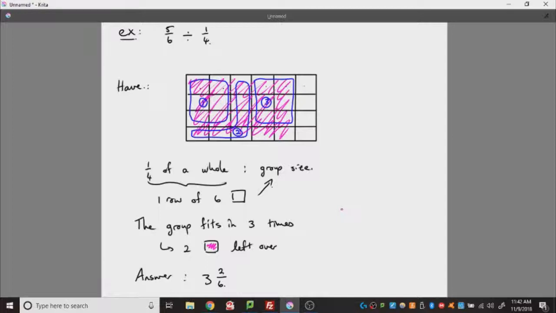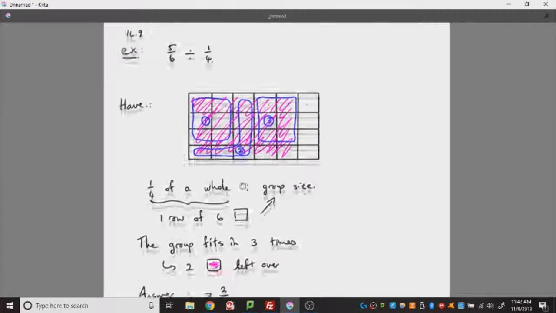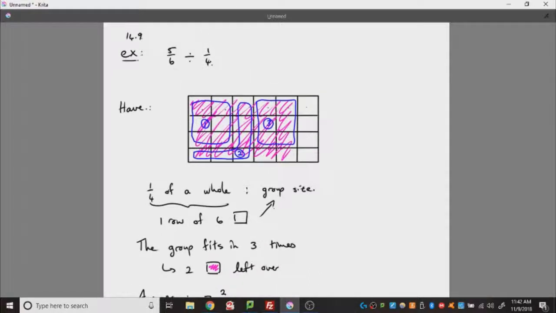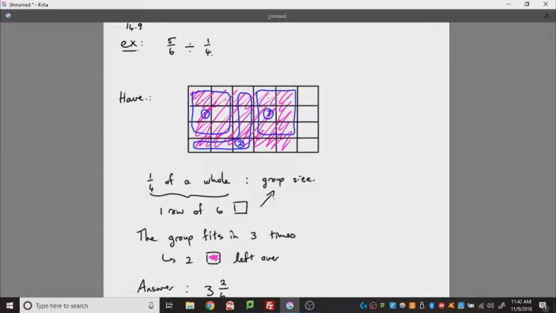So how many little squares does that even make? So that I can get my group size and then relate that group size to what I actually have in this case. Because another number divided by 1/4, the group size is still, well, no. If I had something else over 6, my pink would change, but the group size would still be the same.